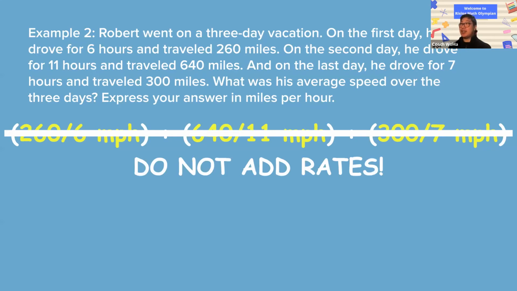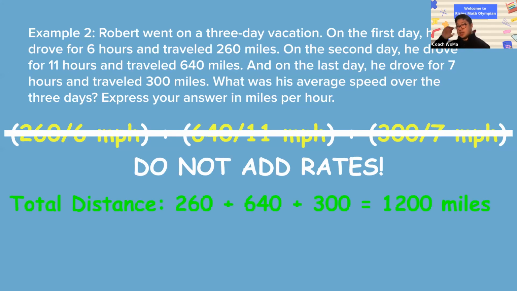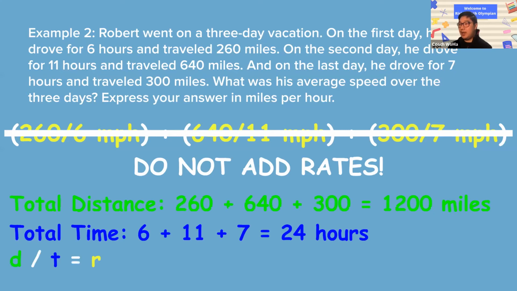And if you're trying to get the total average, what you would do, like Isabel said, is get the total distance and also the total time. And then from our formula, instead of doing distance is rate times time, you can do distance divided by time is the rate, right?